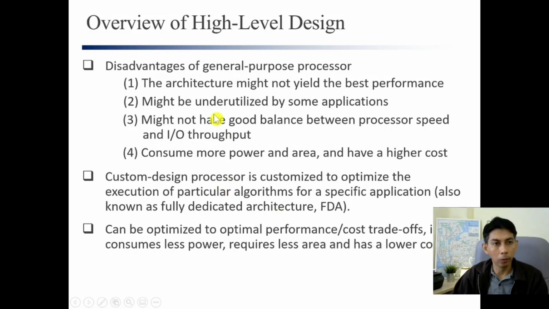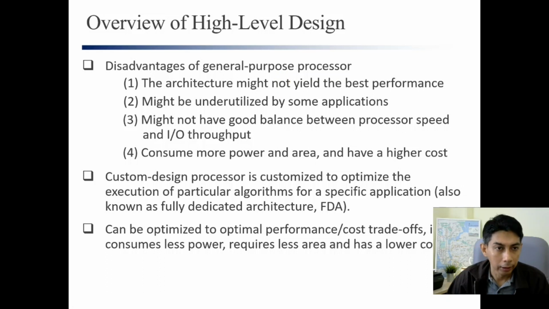So why do we have the high level design? Because of the disadvantages of the general purpose processor on some occasions. For example, the architecture of the general purpose processor might not yield the best performance. So what is a general purpose processor? A general purpose processor is a processor that does general processing.